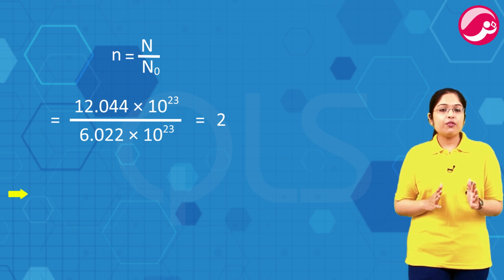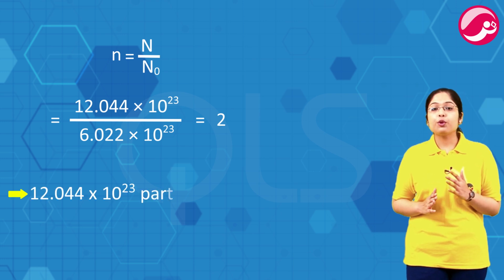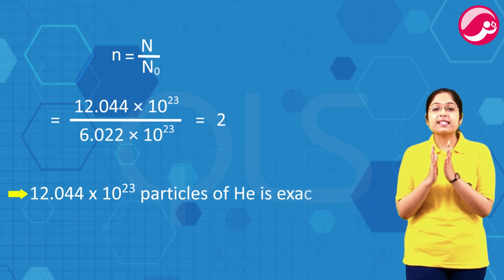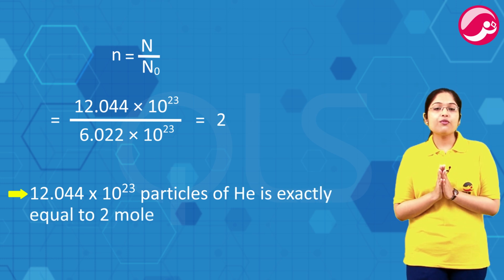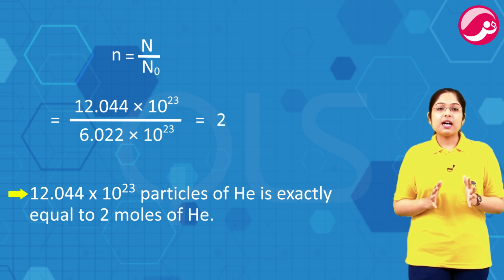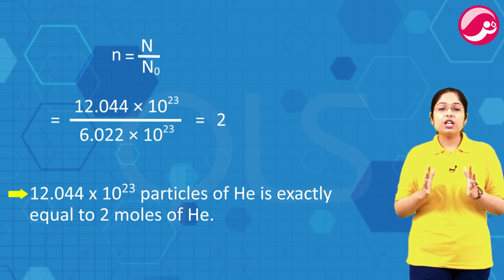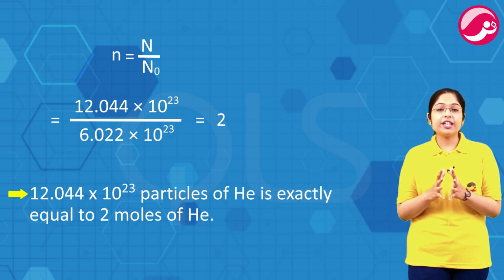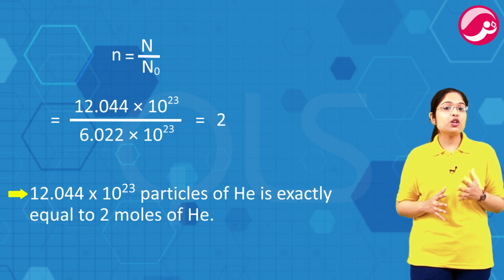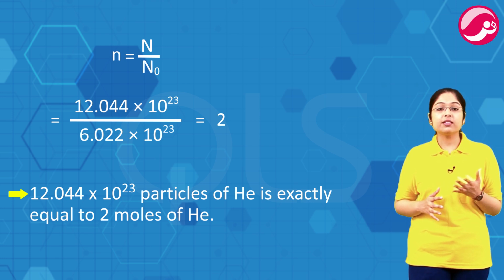This means 12.044 into 10 raised to the power 23 particles of helium is exactly equal to 2 moles of helium. Moles, mass and number of particles, meaning number of atoms or molecules, are all related to each other. If we know the value of two, then we can easily determine the third.